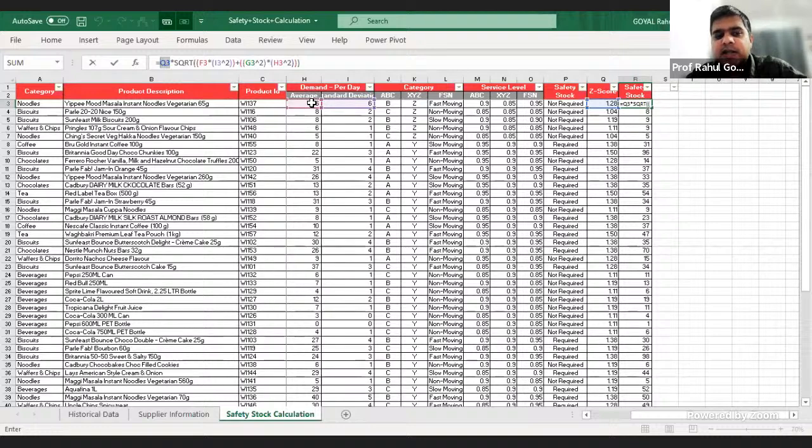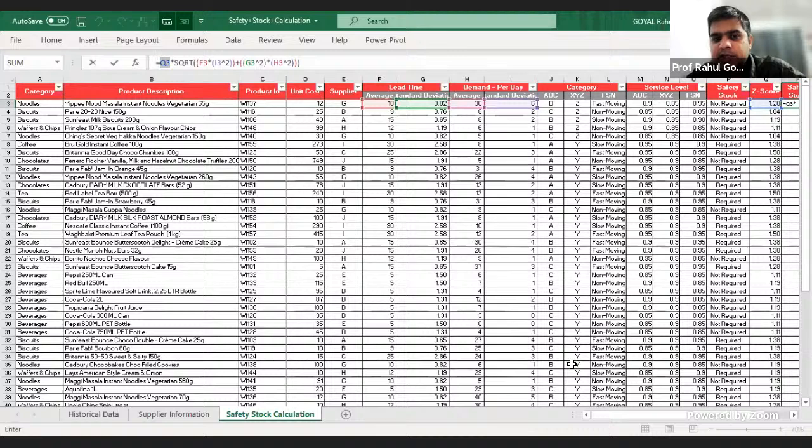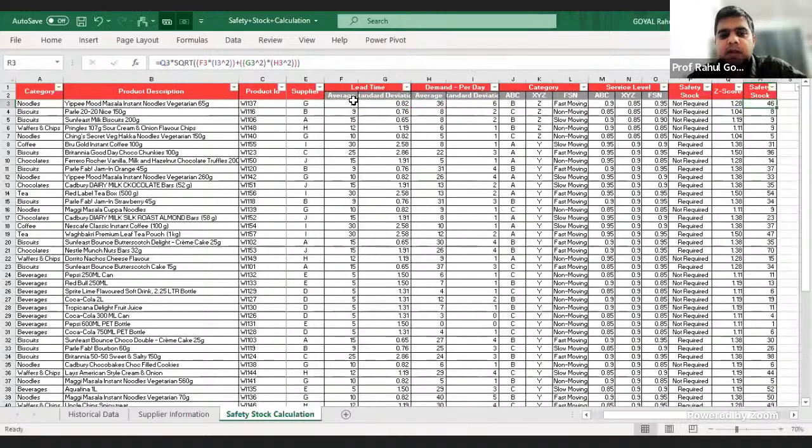They are looking at the average demand, the standard deviation of demand, and also the average lead time and standard deviation in the lead time, right? So this is basically the Z score, which is dependent on the service levels, and then lead time variability and demand variability. They have calculated a safety stock which is coming to 46 units, right?